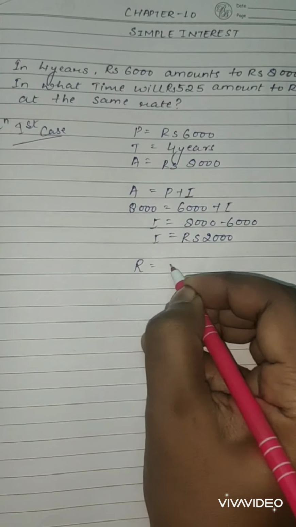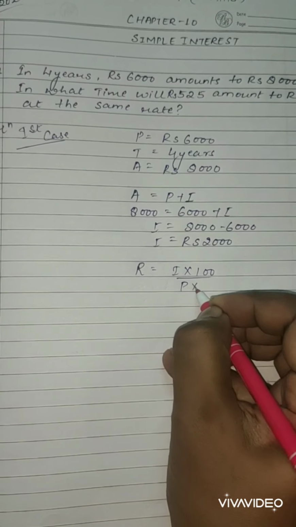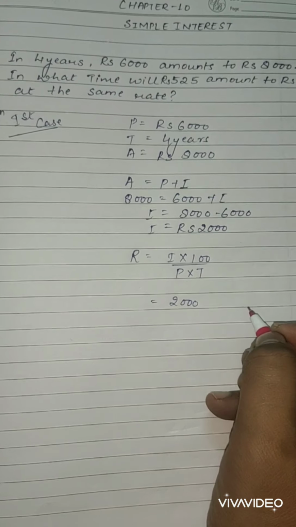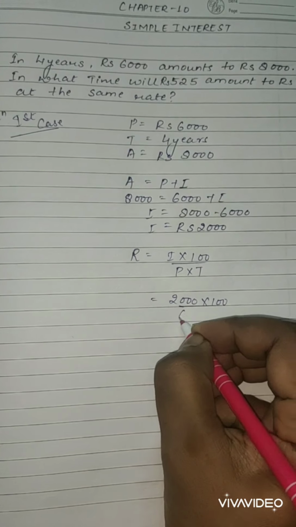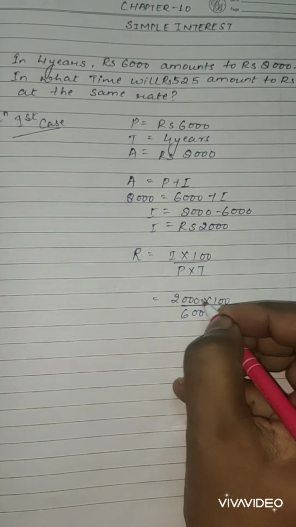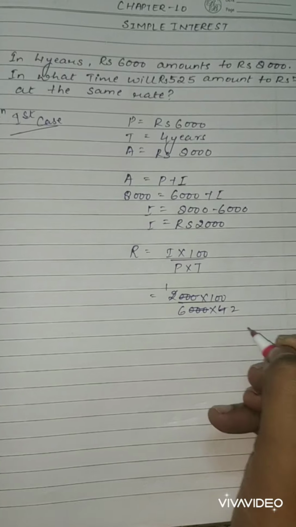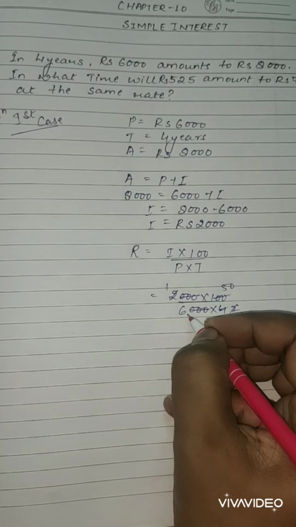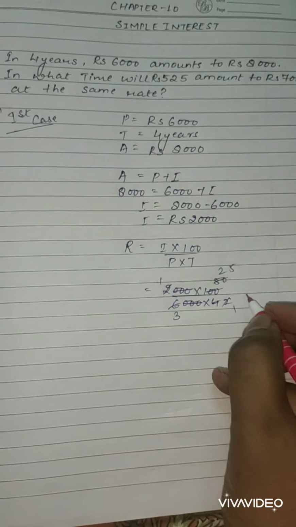See. Now from here we can take out the rate. The formula of rate is I into 100 upon P into T. So 2,000 is the interest, multiply by 100 upon P is 6,000 upon T. So this will be cut. 2 1s are 2, 2 2s are 4, then 2 1s are 2, 50s are, then 2 3s are 6, 2 25s are.